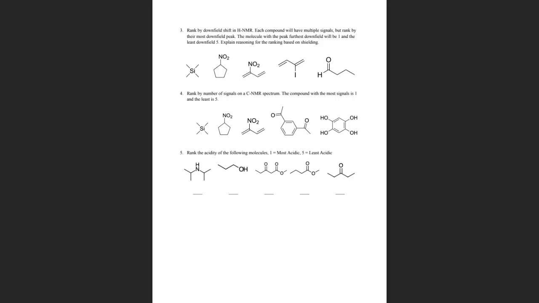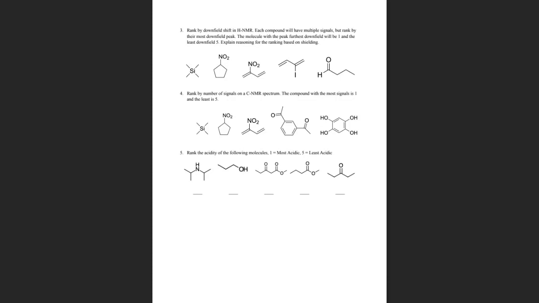What we know about CNMR spectra is that you're going to be looking for symmetry, and you can figure out the number of signals with that. If we can start drawing planes of symmetry, you're welcome to draw on the paper as well.